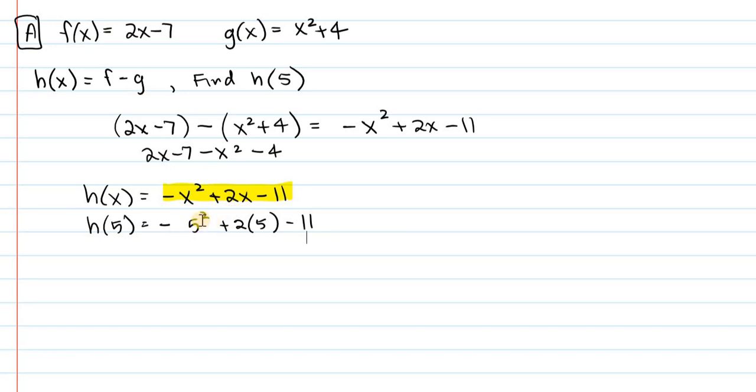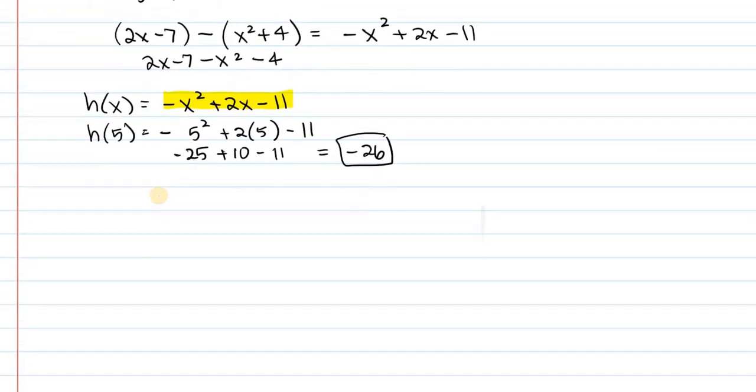Again, be careful with your order of operations here, because this isn't negative x squared, it's x squared, and then the opposite of whatever that solution is. So we're going to do 5 squared, which is 25, and then we make it negative, plus 10, minus 11, and our result is negative 26. So that would be the solution to that example.